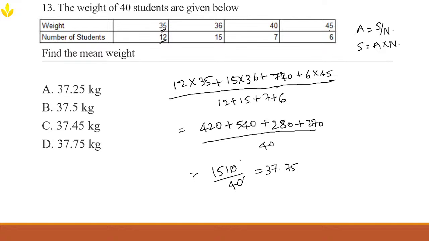So 3 is again remaining point. 7 again gives you 28. 2 will be the remainder. So it is 25. So the value is nothing but 37.75 is the mean weight of the values. So I hope this is clear. I'm moving on to the next question.